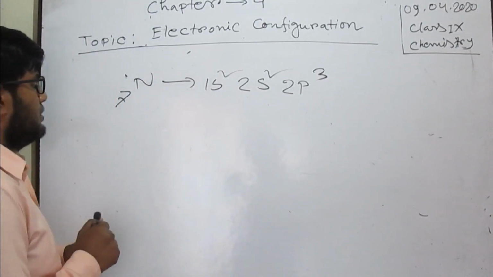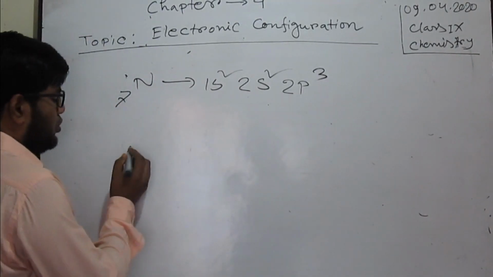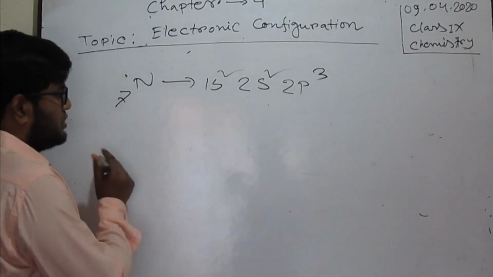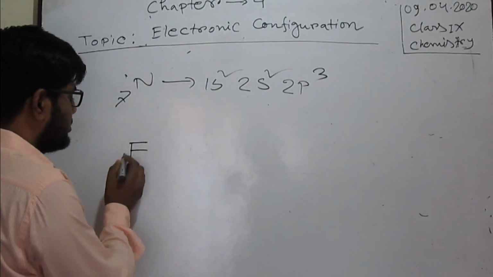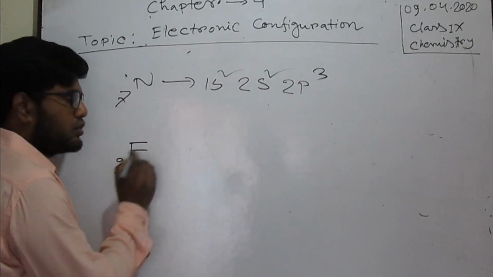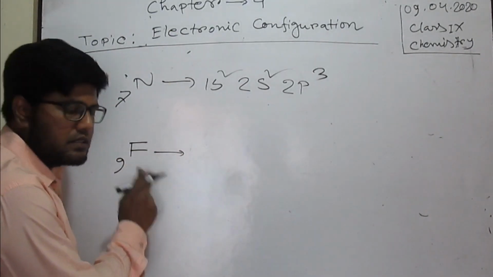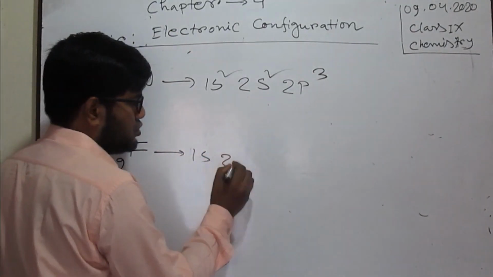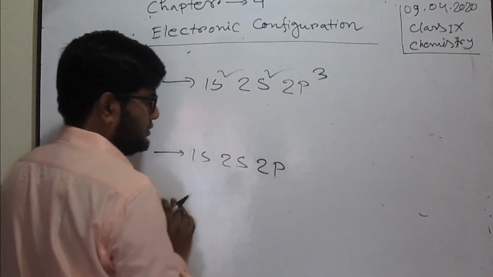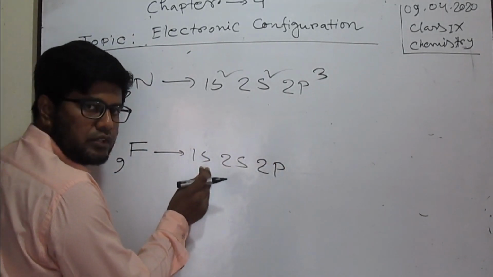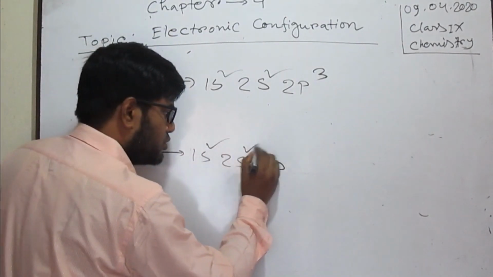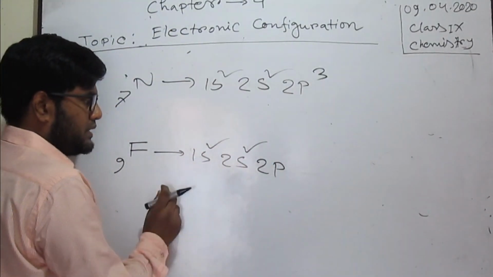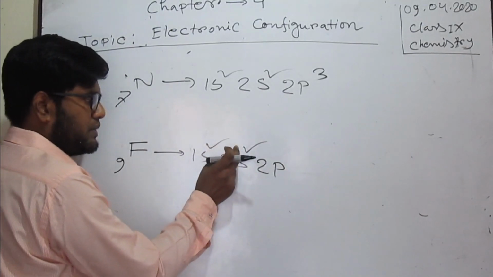Okay dear students, now we are talking about the electronic configuration of fluorine. You know the atomic number of fluorine is 9, so the electronic configuration is 1s, 2s, then 2p. 2 electrons will go to 1s orbital, then 2 electrons will go to 2s orbital, that is 2 plus 2, that means 4.